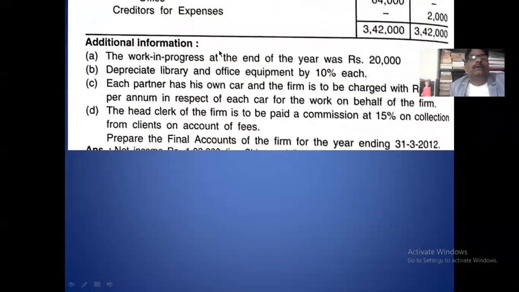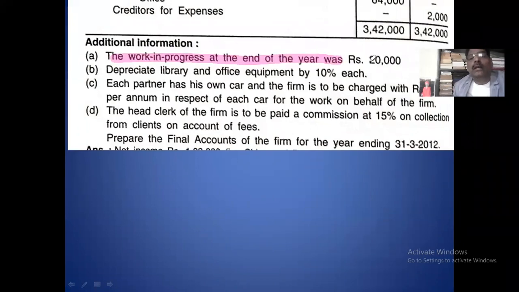Now you see the adjustments. One more is here, creditor for expense 2,000. This goes to balance sheet, liability side. Then work in progress. This is the closing work in progress, year end.